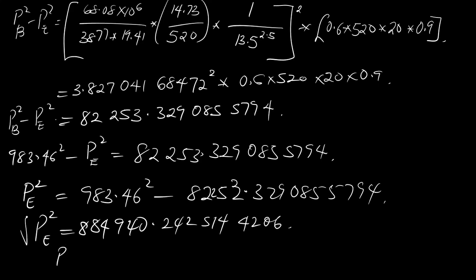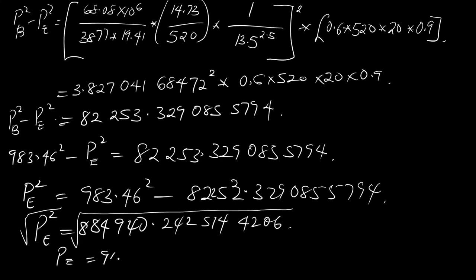So taking the square root of both sides, you have P at E equal to the square root of 884,940.24251444206. Now it will be equal to what?